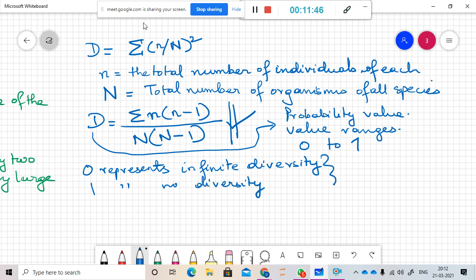In reality, both are not possible. So the values are in between.